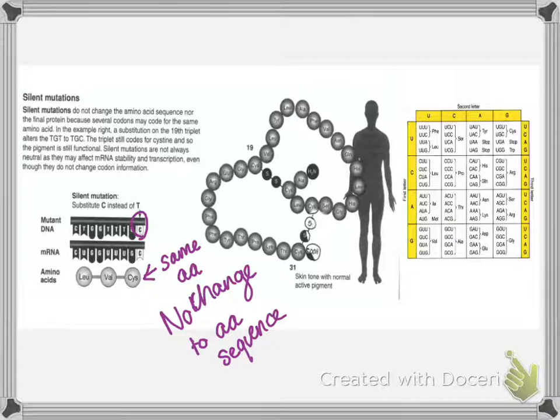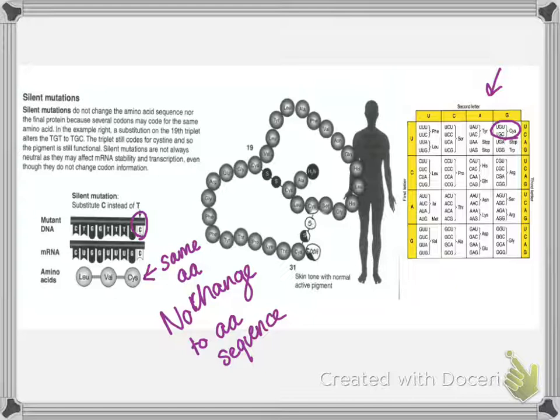And the reason is because in our genetic code, we see that there are multiple codons that code for the same amino acid. So our codon is UGC, which is this right here. So you can see there are multiple codons that still code for it.